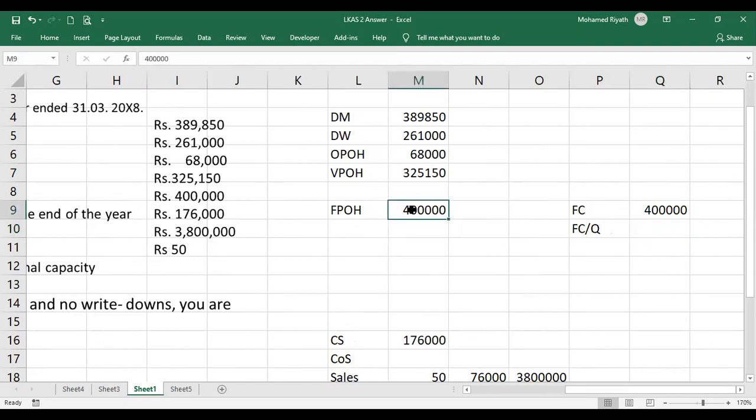Now we can find how to charge here. We have to charge fixed cost per unit into actual production, isn't it? Here we can directly take 87% of 400,000.